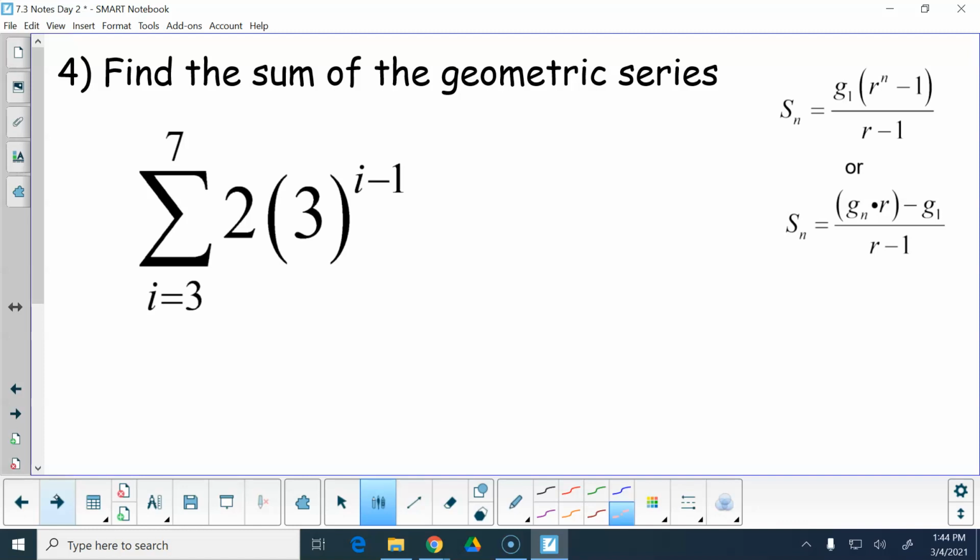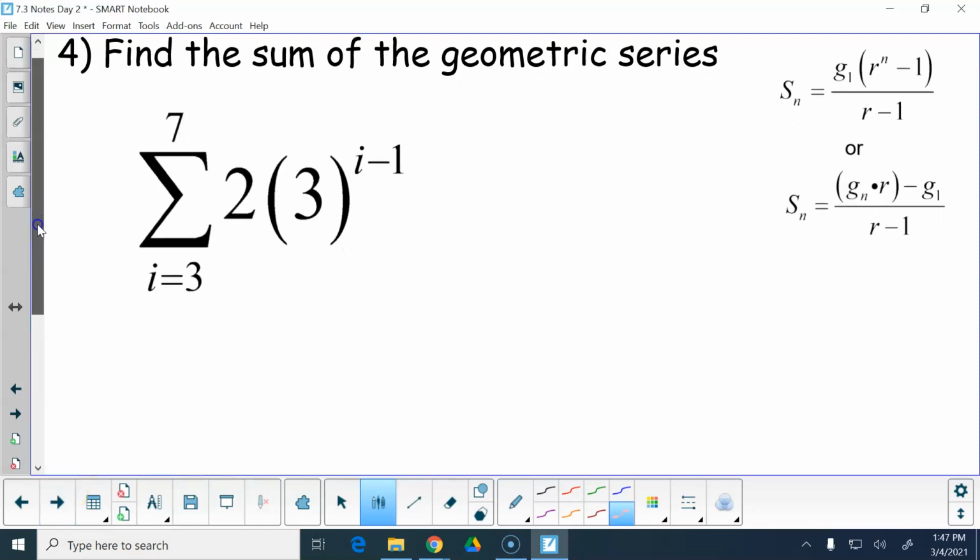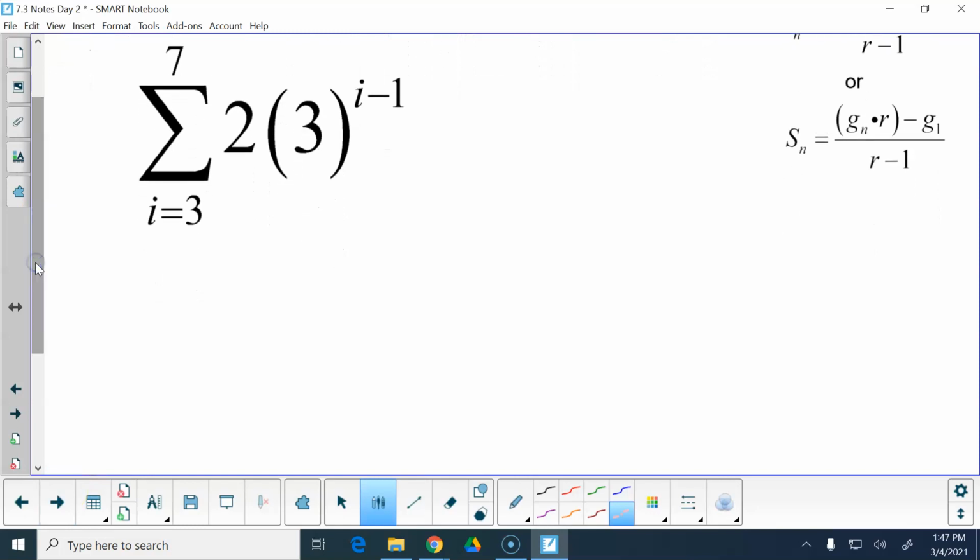Find me the sum of this geometric series. And I will do this one using the bottom. So my last term is, I take the top and I plug it in. 2 times 3 to the 7 minus 1. 7 minus 1 is 6.